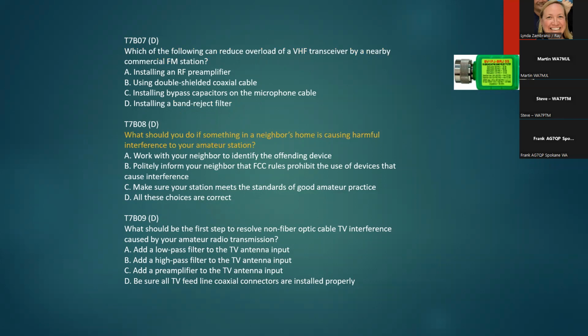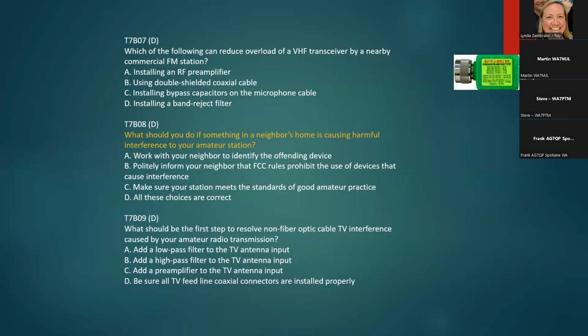Question 8. What should you do if something in a neighbor's home station is causing harmful interference to your station?